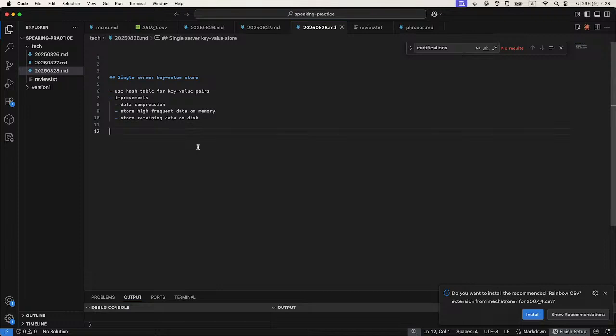So it's important to understand the CAP theorem. CAP stands for consistency, availability, and partition tolerance.